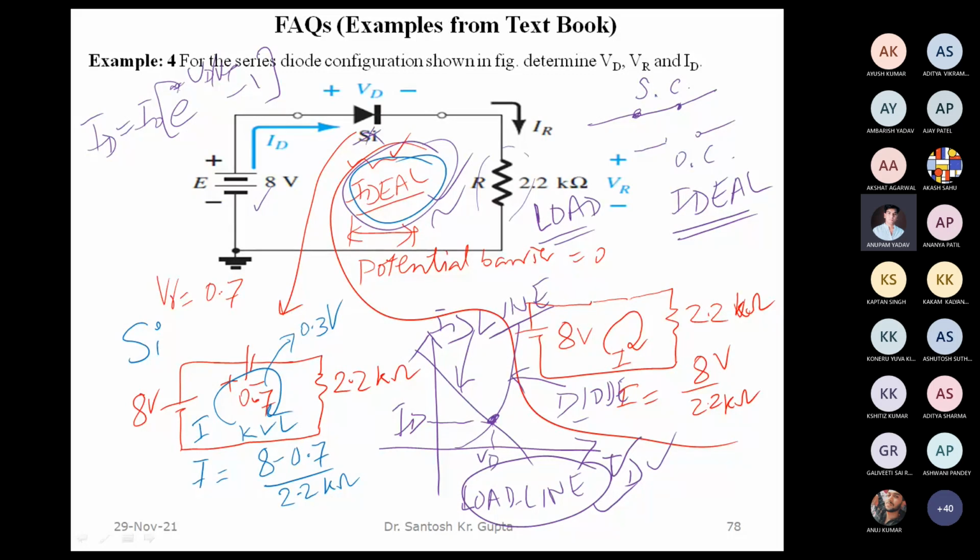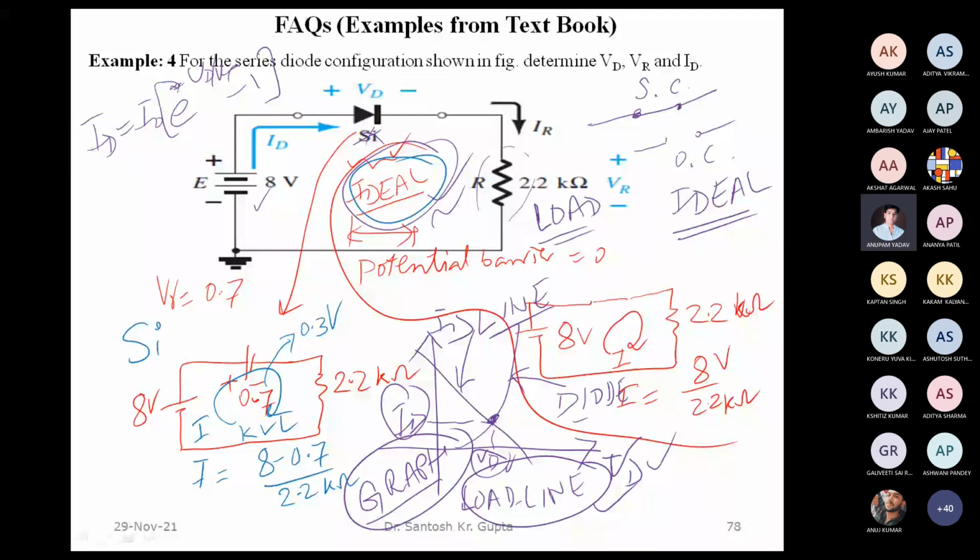So we can read from the graph. In such cases we have to have knowledge of the graph, so we plot them, and we can directly read the corresponding values of the diode current and the voltage in this load line graph.